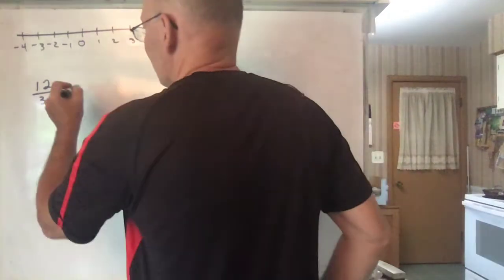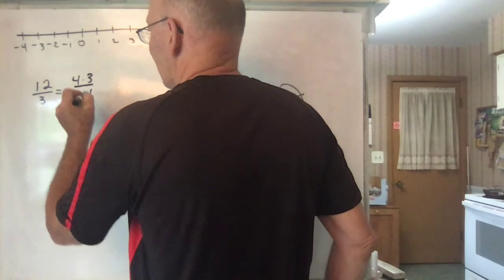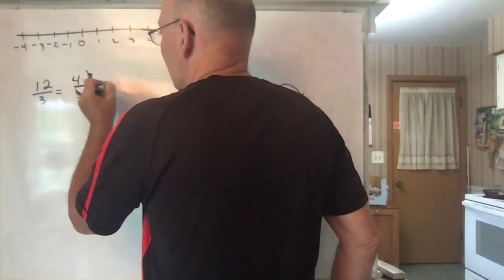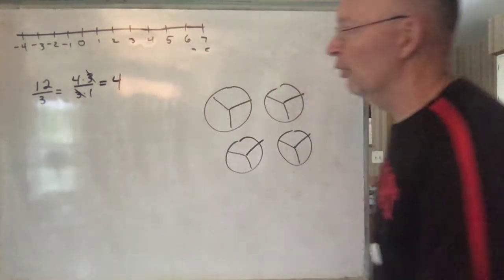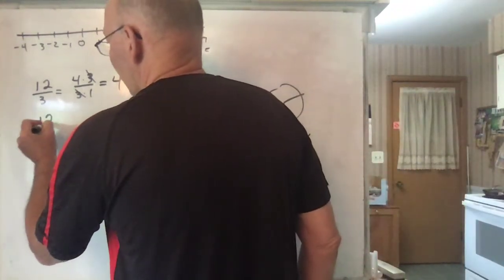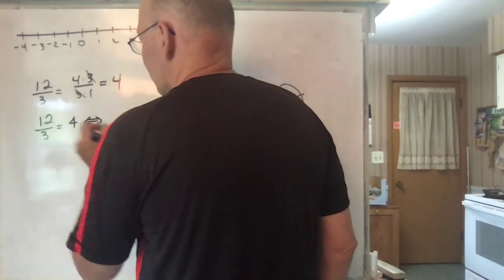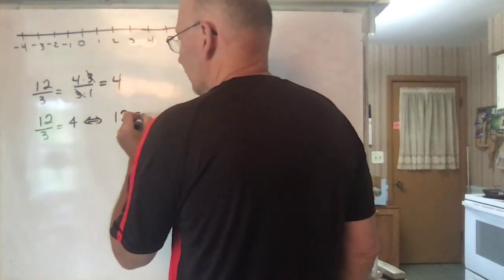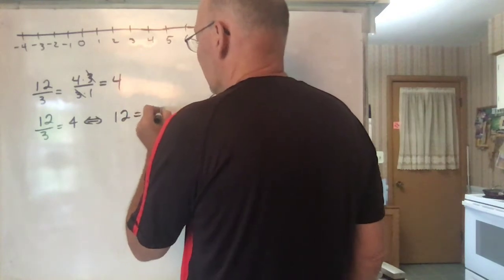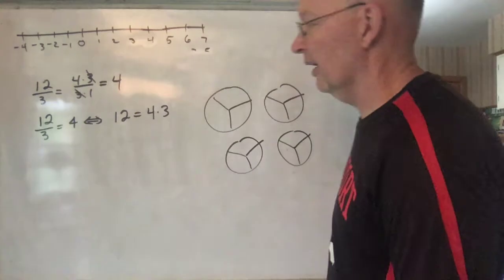So 12 over 3, you can write 12 as 4 times 3, and this is 3 times 1, and the 3's divide out, and you just end up with 4. Okay? So another way to think about it is 12 over 3 is equal to 4 is true because 12 is equal to 4 times 3. So this times this gives you that.